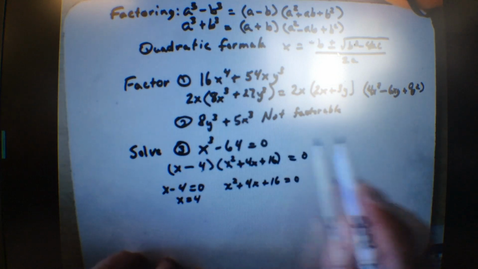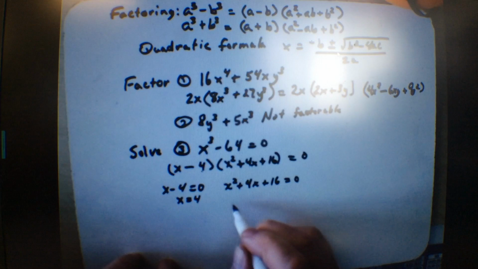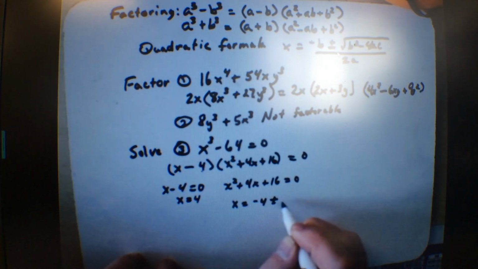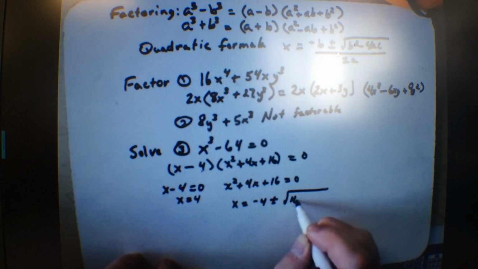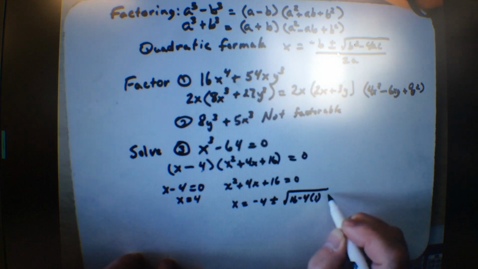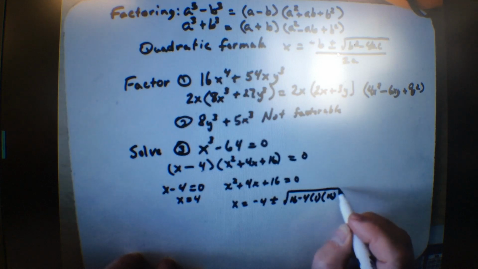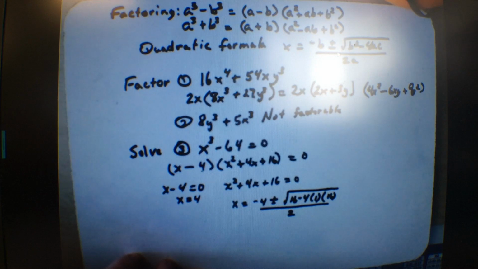So what we have to do is go back up here to the quadratic formula, okay? So I have to go x equals negative b. What is negative b? Negative 4. Plus or minus the square root of b squared, which is 16, minus 4 times a, which is 1, not x, times c, which is 16, all over 2 times 1, correct?